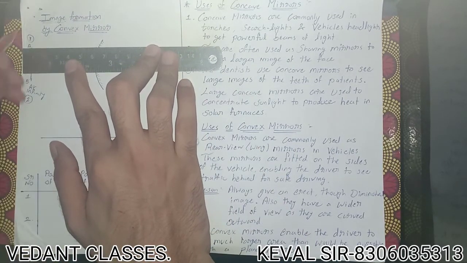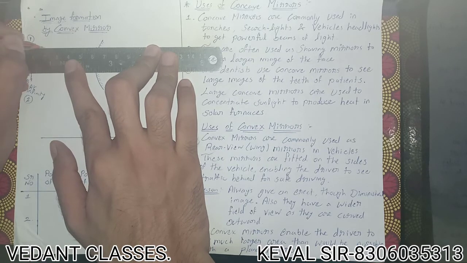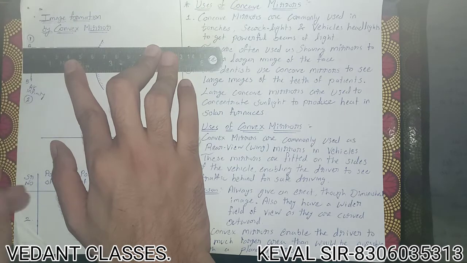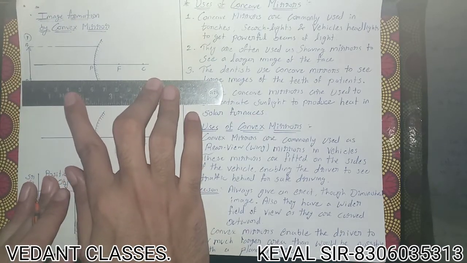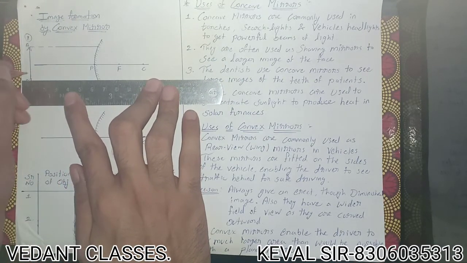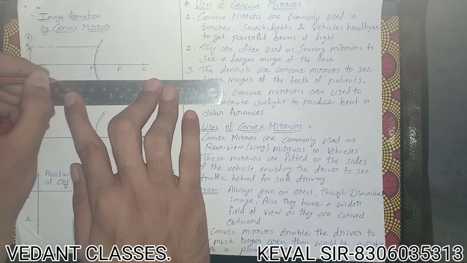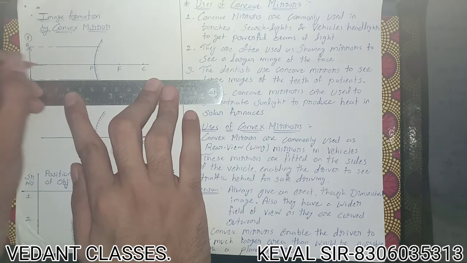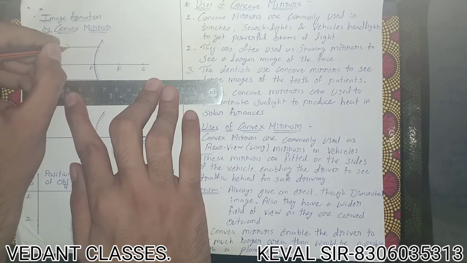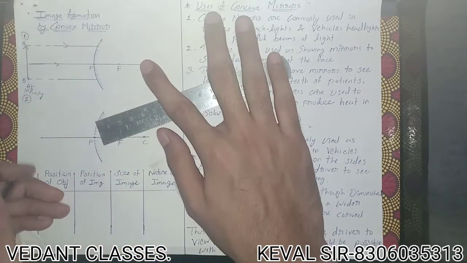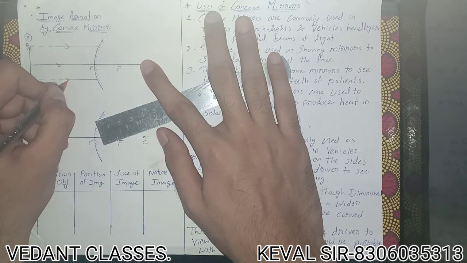So let's consider the parallel incident rays which are incident on the convex mirror. Here also you can consider it. Okay, let's say here. So these all are parallel incident rays from the object at infinity incident on the mirror.